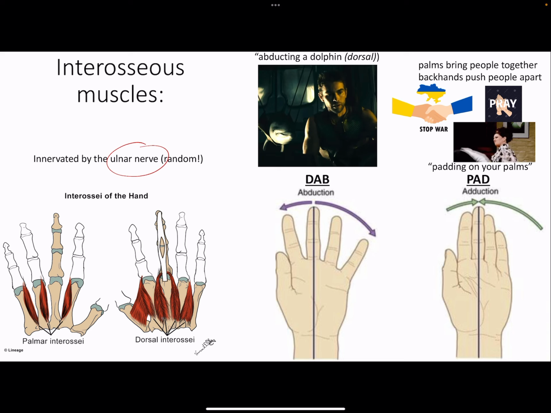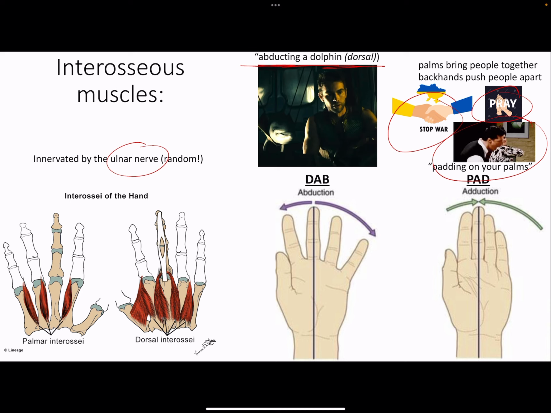I think of someone from PETA abducting a dolphin, and dolphins have dorsal fins. So the dorsal side of your hand is for abducting, the dorsal interossei. I also think, okay, palms are for bringing people together, right? You shake hands with your palm and you pray with your hands, and prayer brings people together. And if you give someone the backhand, that's going to push you apart.